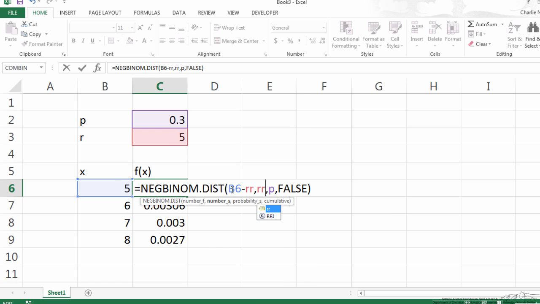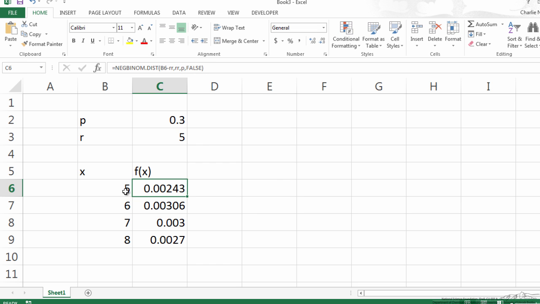So in NEGBINOM.DIST, we have the number of trials minus the number of successes. That equals the number of total failures, number of F. Then we have number of successes is going to be our R here. We have a probability of success of 0.3, and I don't want it to be cumulative. So that's the probability we'll have exactly 5 successes by the 5th trial. I copy this down, and I keep going.